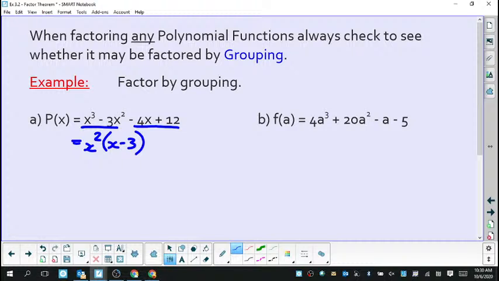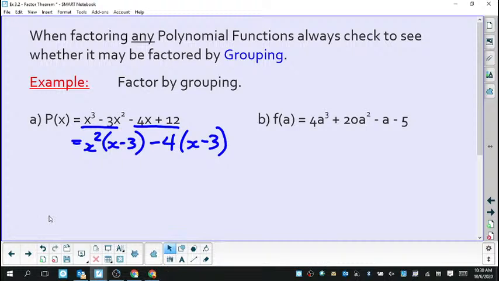Always take the sign of the first term here. So yes, 4, but -4 because the first sign is negative, and then you're left with x minus 3. You know it has common grouping. Why? Because there are two same things, the brackets are the same.